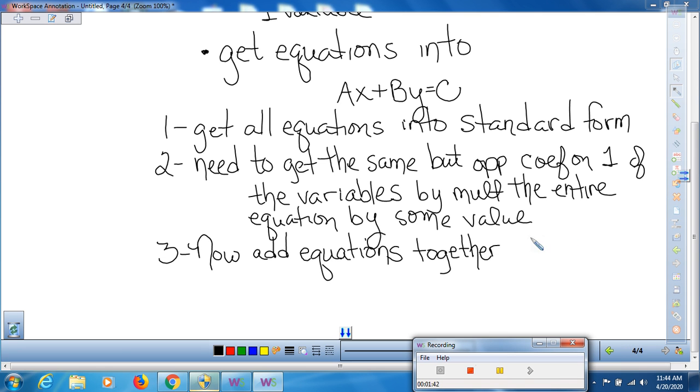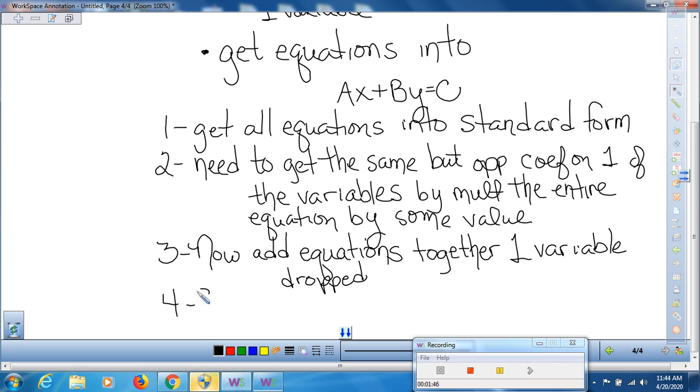All right, now that we've added the equations together, one of the variables would have dropped out. So we're going to solve the remaining equation.